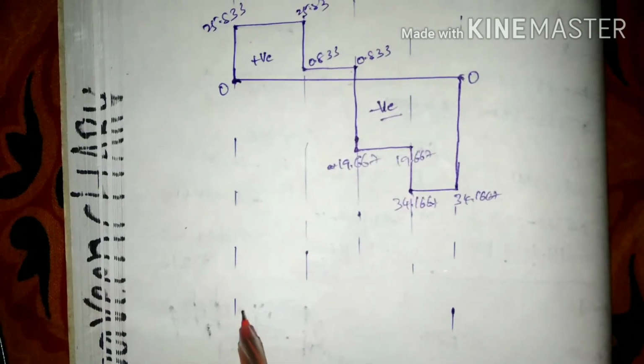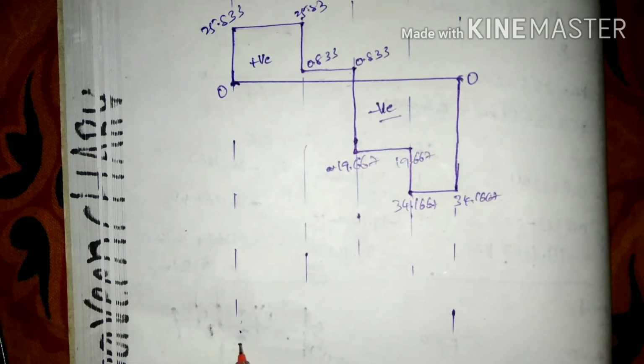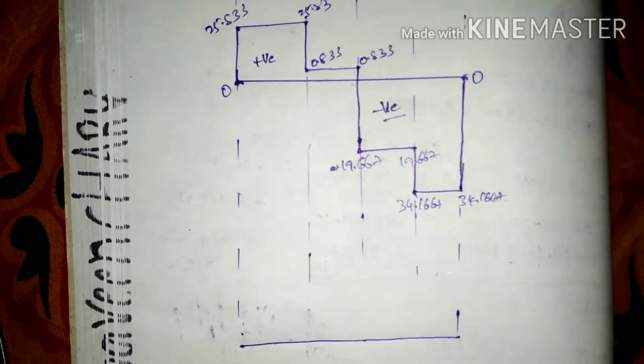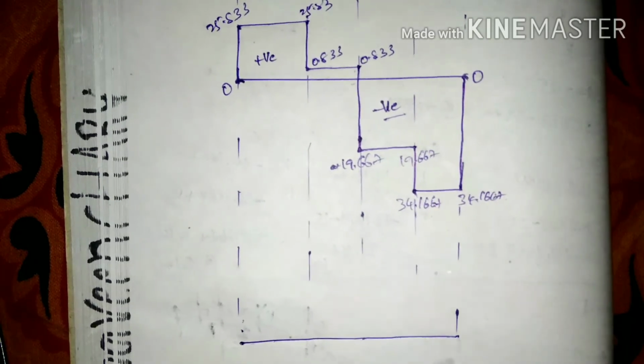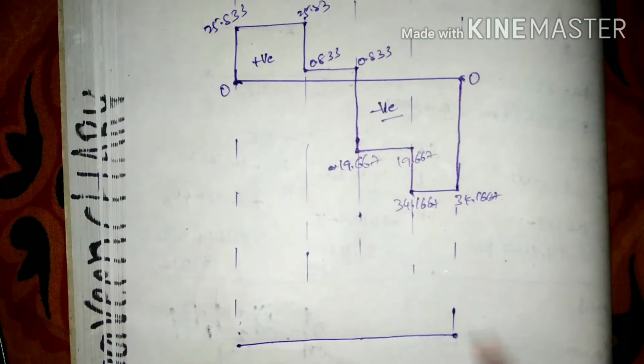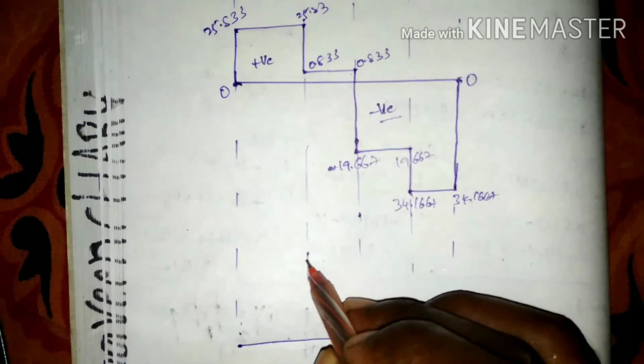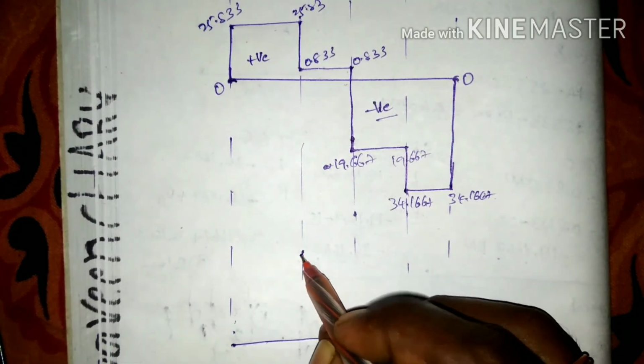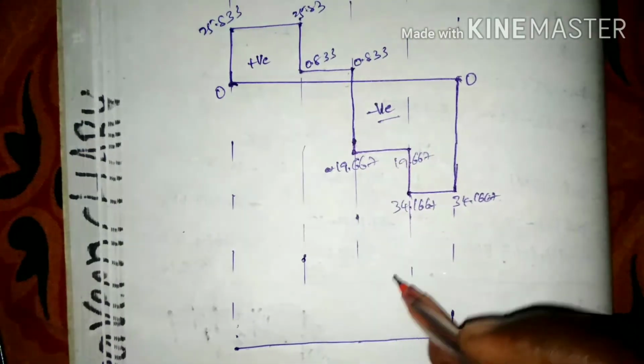Next, the moment. Here the moment about A is 0, the moment about E is 0, and the moment about B is 51.666. Let us mark a point here.